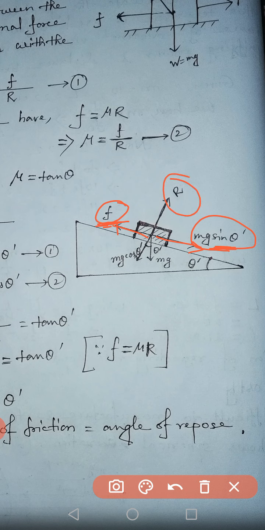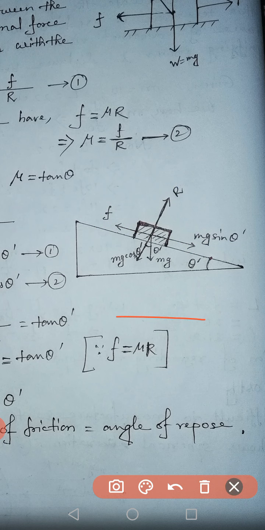And the reaction is equal to mg cos theta, because you see, the reaction is in the upward direction and mg cos theta dash is in the downward direction, both on the same line. So they are opposite and equal. Here we will make two equations. One is R equals mg cos theta dash, and the other is F equals mg sin theta dash.